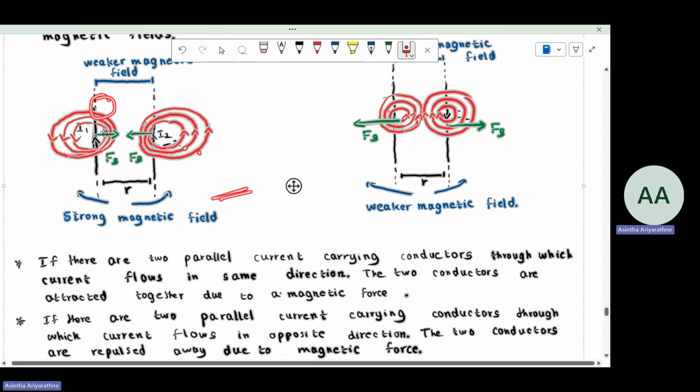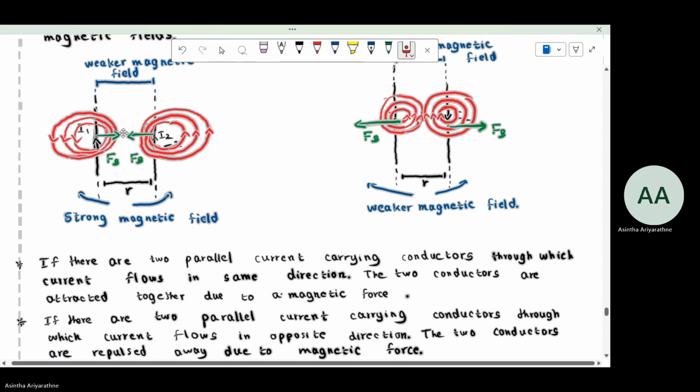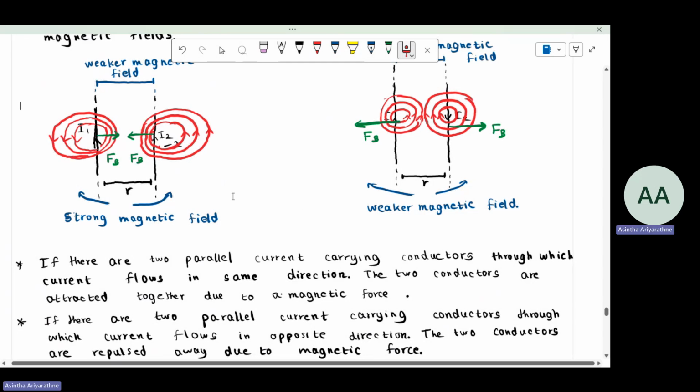And using the Fleming left hand rule, we can see the direction.